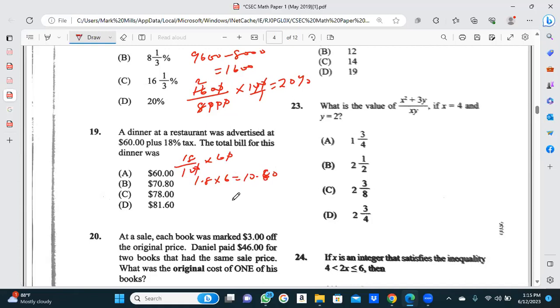Then you say $60 plus $10.80, which gives you $70.80. So it is worth $60, but you pay 18% tax, so it will be 18 over 100 times the 60.